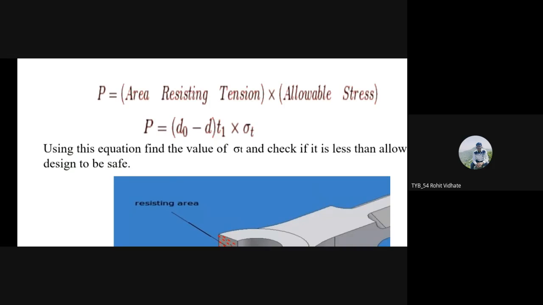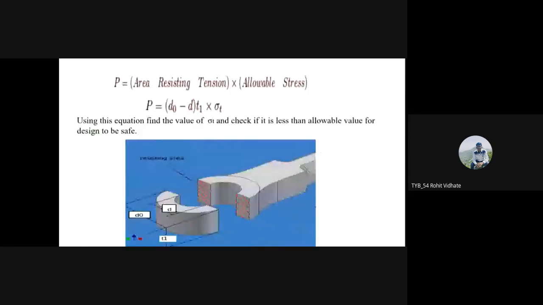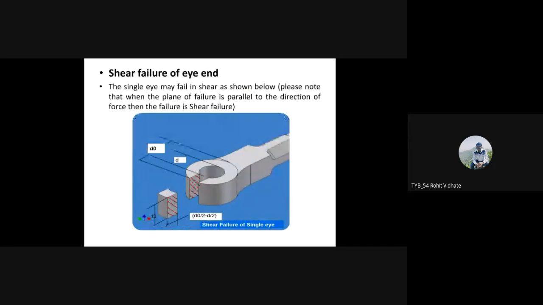Or, as the next step, we are going to see that this eye may fail in shear. That is, the pin hole, the total diameter of that pin, is going to cut out that eye section. So in that case it will be sheared out, right?